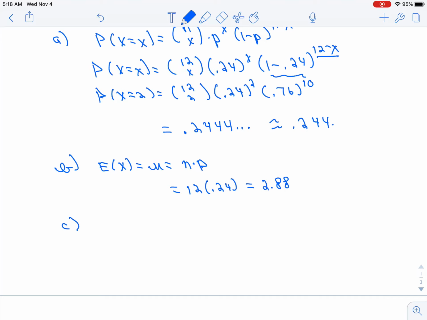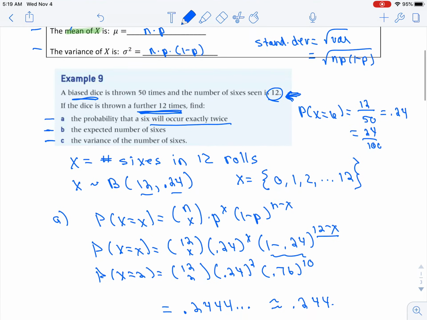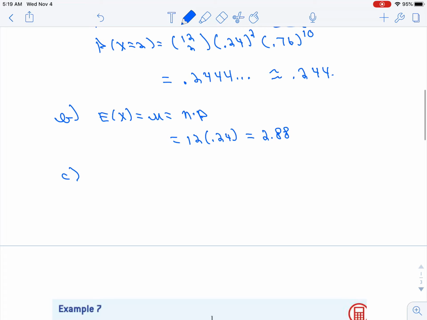For C, it says, what's the variance of the number of sixes? So the variance, remember, we can write variance of X, or we can write sigma squared, is equal to n times p times the quantity 1 minus p.